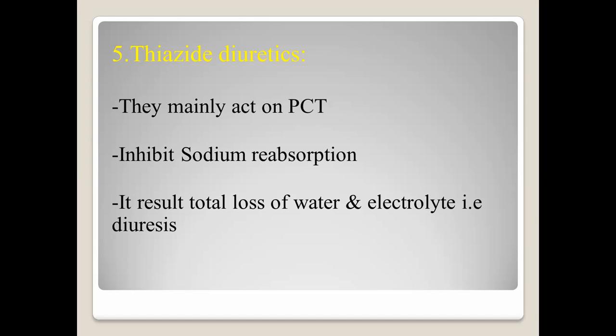Therefore, it increases the level of sodium and also water in the lumen. मग सोडियमची आणि वॉटरची लेवल इन्क्रीज झाले, देन काय कशाचं फॉर्मेशन होईल? It leads to which process? Diuresis, that is total net loss of water and electrolyte. म्हणजे ते वॉटर आणि इलेक्ट्रोलाइट अवेलेबल झाले. कसं होतं?